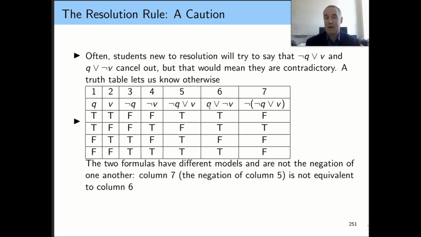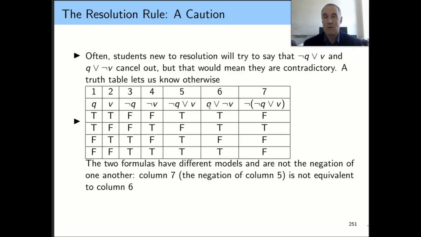Let's look at the truth table. We can go through columns 1 through 4, looking at all the possibilities of each of the atoms and their negation, then start combining them into formulas. If we look at our two formulas, column 5 and column 6 are not the mirror image of one another. They're not contradictory. And if you want to be super sure about this, we also have column 7, which is the negation of column 5.